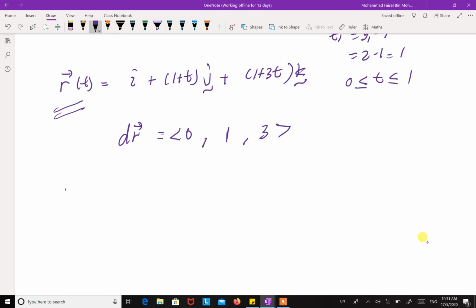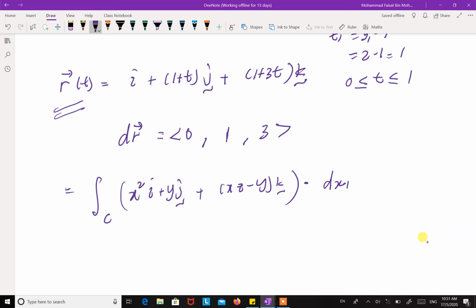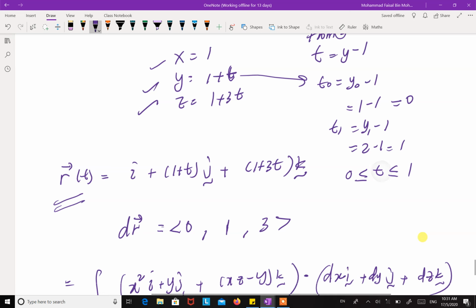So this is the integration over C of x squared i plus y j plus (xz minus y) k dot with dx i, dy j plus dz k.